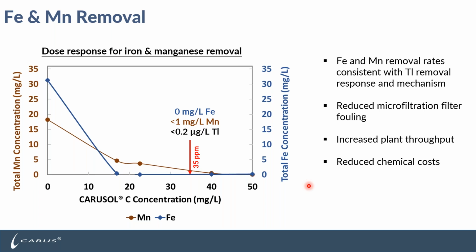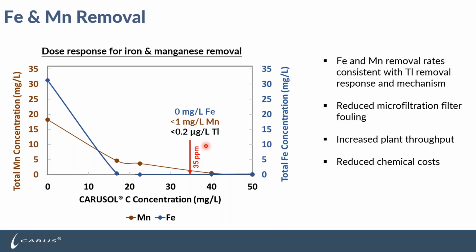The data here shows a clear dose response for iron and manganese removal. At the optimal 35 ppm dose that we saw for thallium, we can see that iron is below detection limits and manganese reduced below 1 ppm.